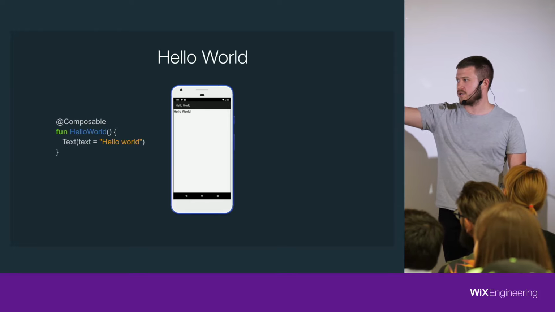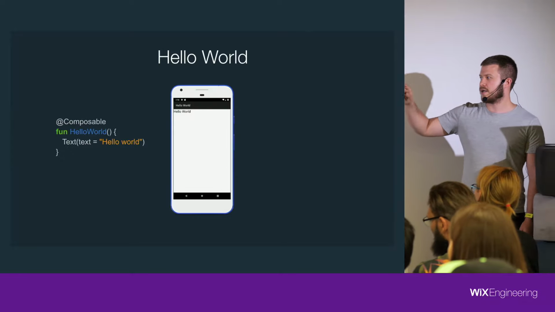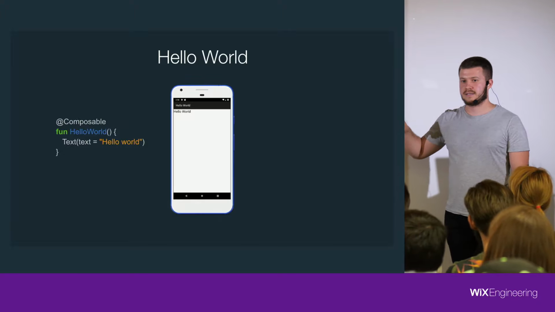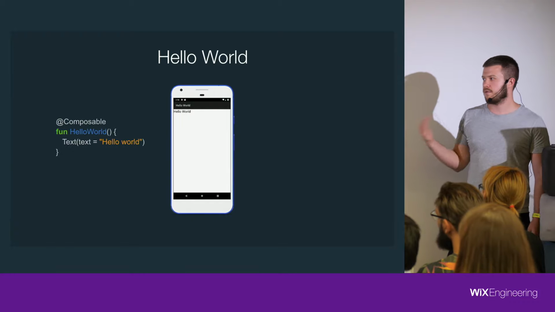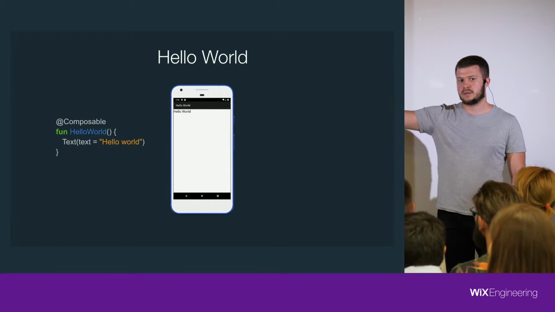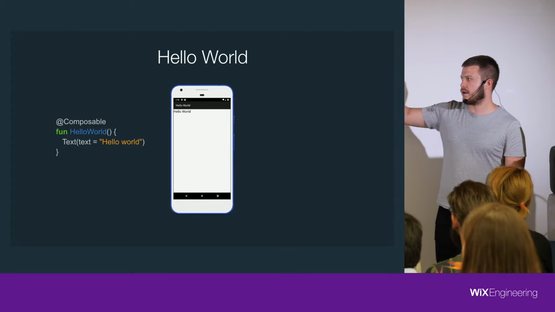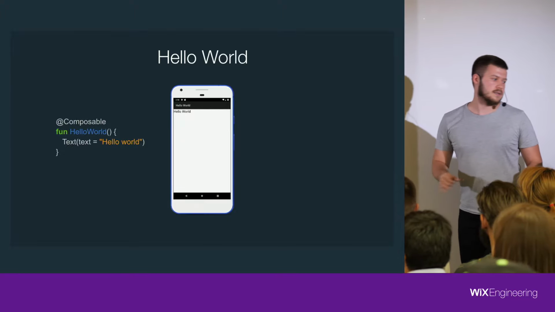So this function returns the Text function, and you pass text as input. If you are from React Native, it's props. So you pass a text prop with hello world. So it's only one function, and as you see, it renders only hello world, nothing else.